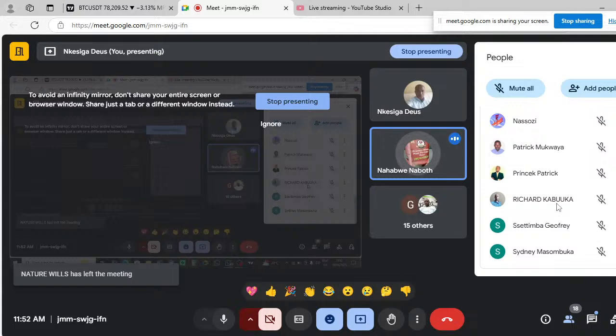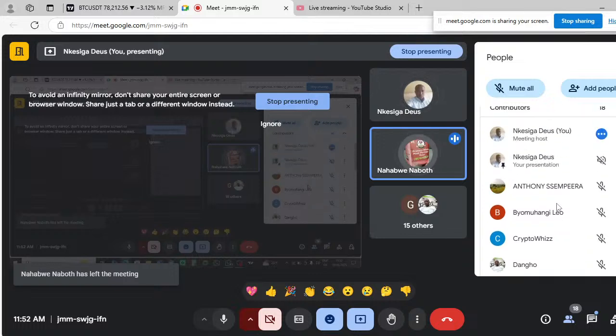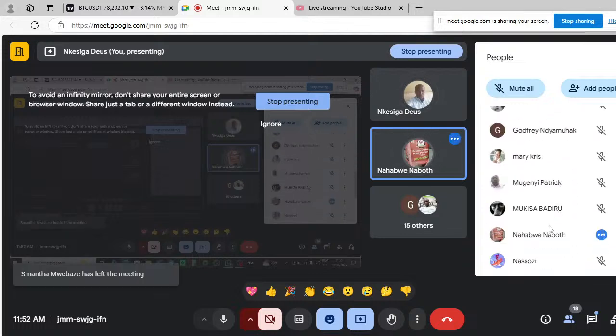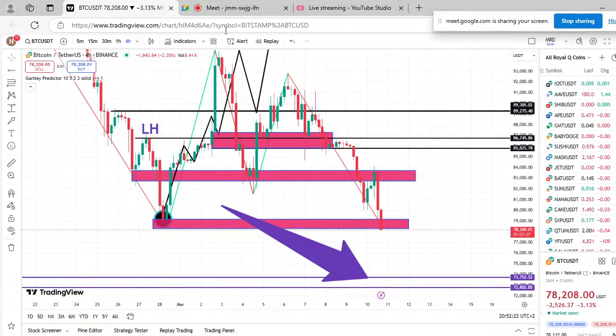With this Gantry predictor, does it mean you only concentrate on those tokens where it has put a hint? Exactly. Yes, we focus on only those coins where it is predicting. Of course, there is no way you can trade a coin which is not having that predictor.